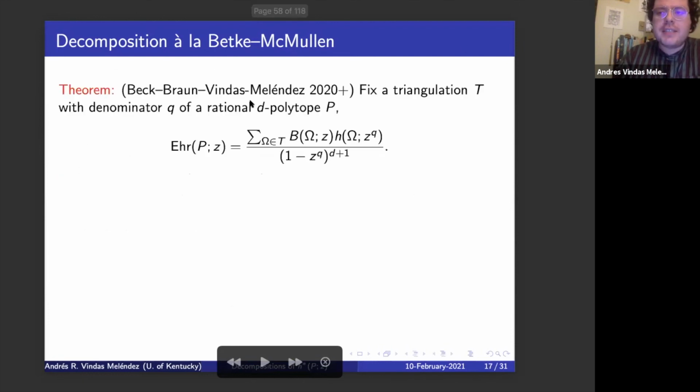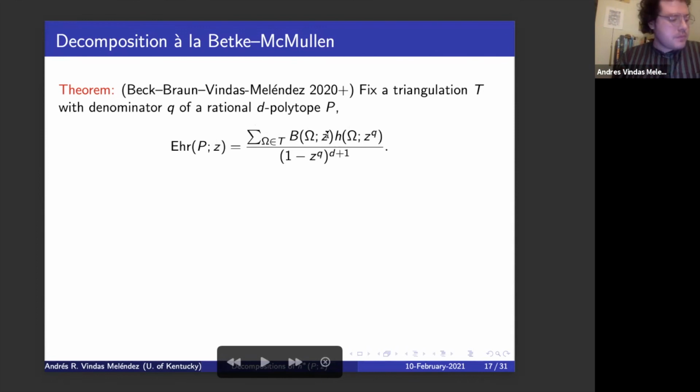So what is the decomposition? If I again do the same business, I have a triangulation T with denominator Q of a rational polytope P, then the H star polynomial is a sum of these box polynomials times these H polynomials.